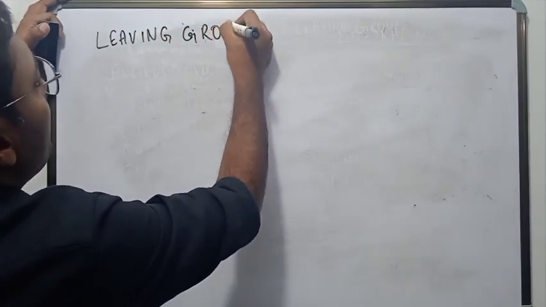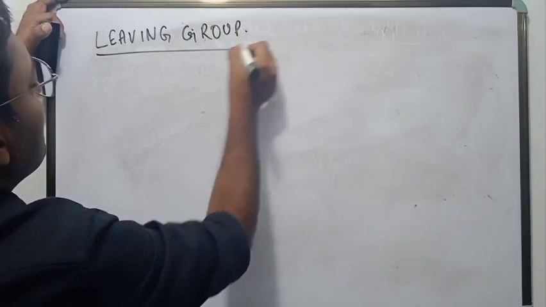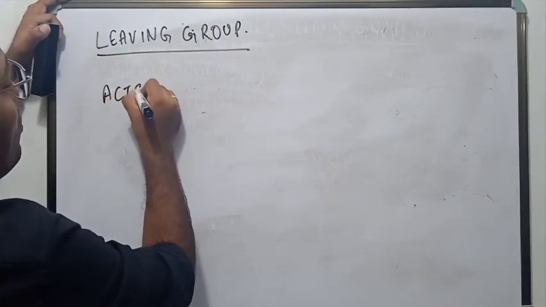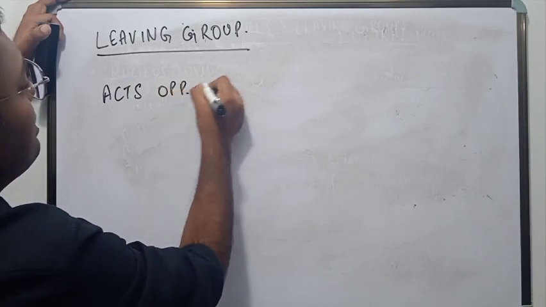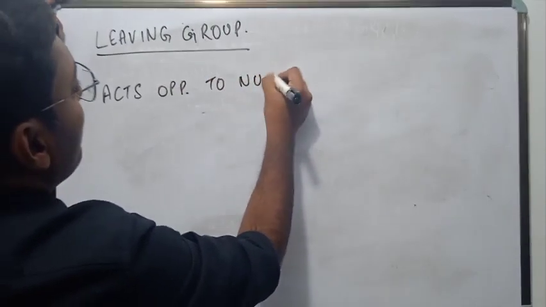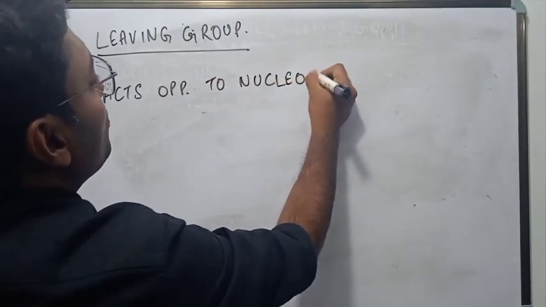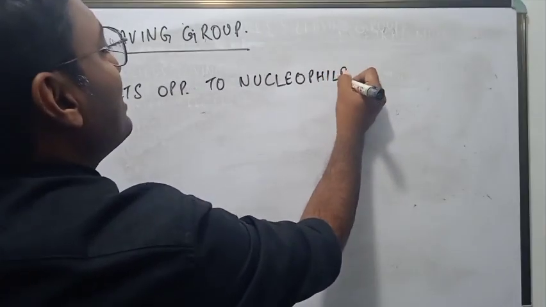So a leaving group acts opposite to a nucleophile. How does it act oppositely to a nucleophile?